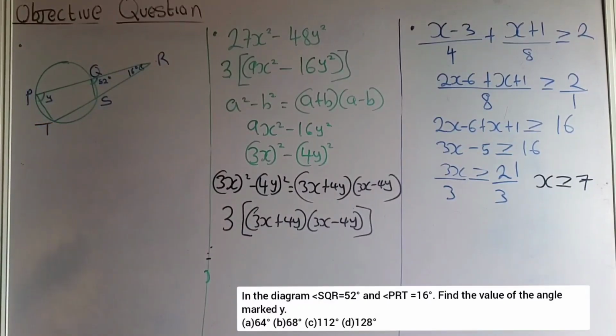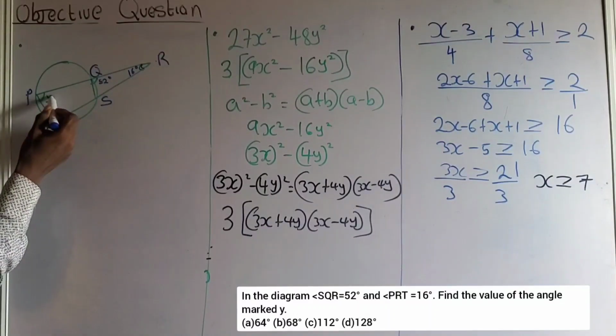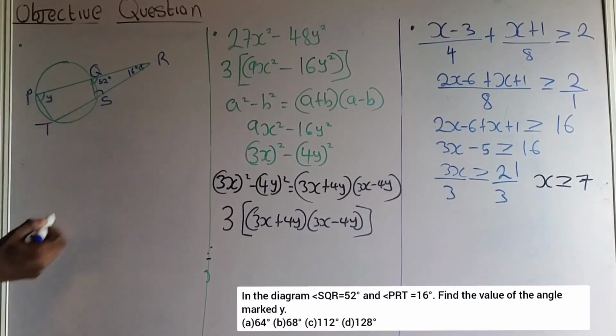Now, please pay attention. This question is coming from a topic known as circle geometry. You understand? Now, in circle geometry, there is something called exterior angle. Are you paying attention? The exterior angle of a cyclic quadrilateral. Now, if I told you that this y is equals to this angle that is here, it is a property in circle geometry.